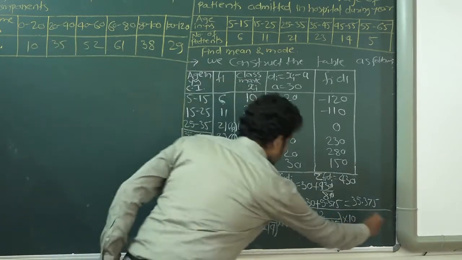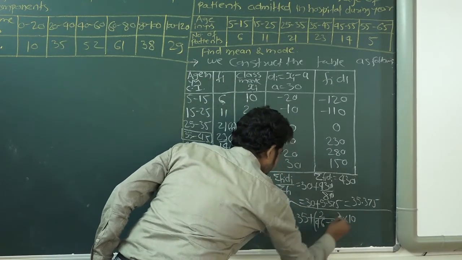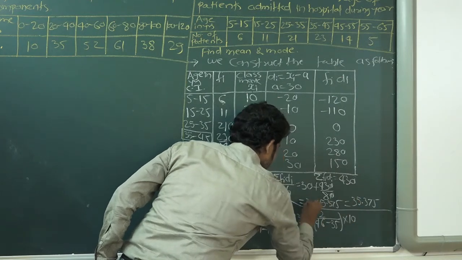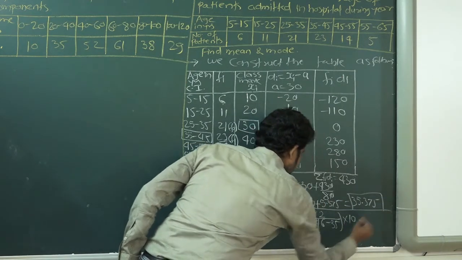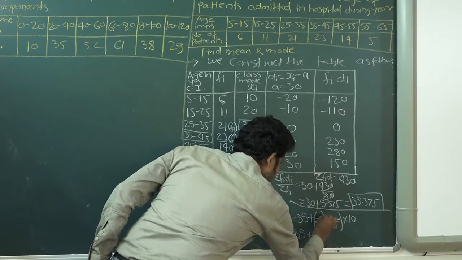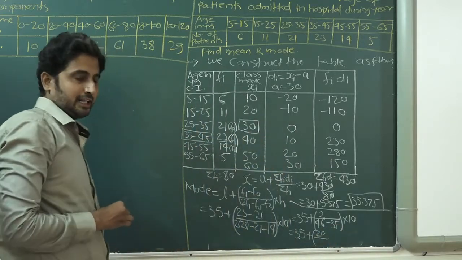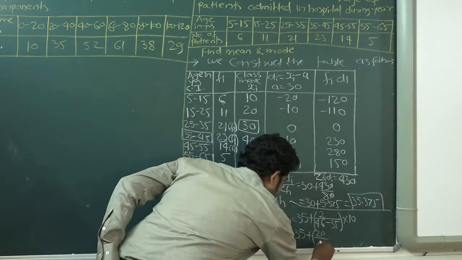Now this is 35 plus 2 into 10, that is 20, and 46 minus 35 becomes 11.